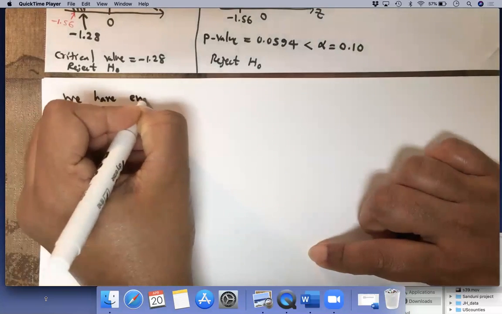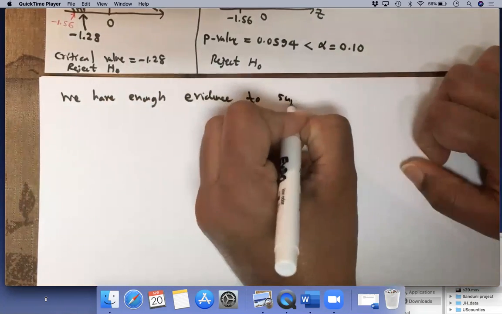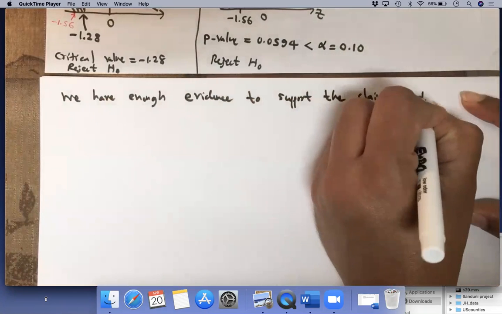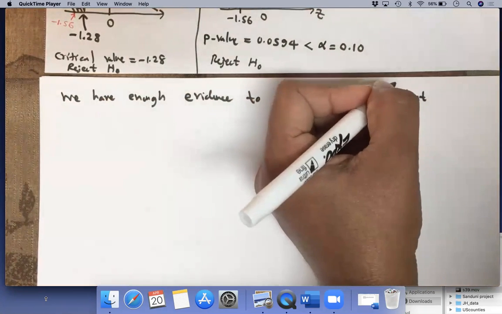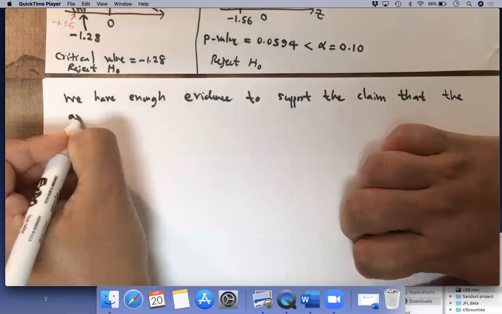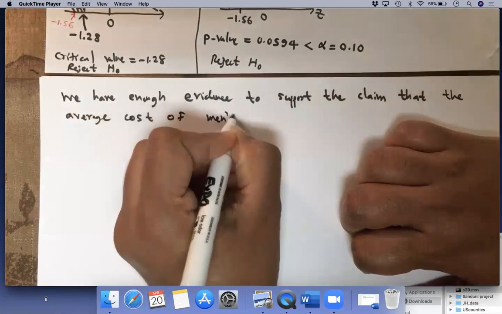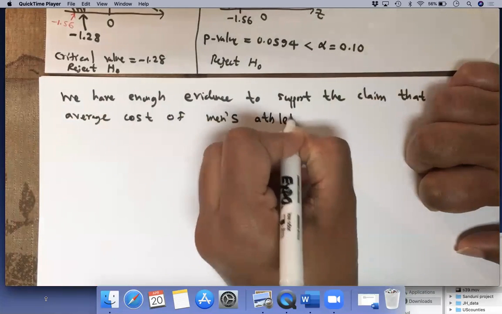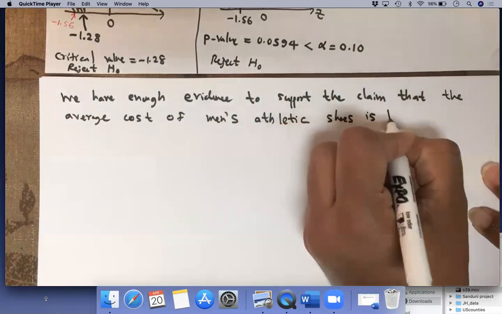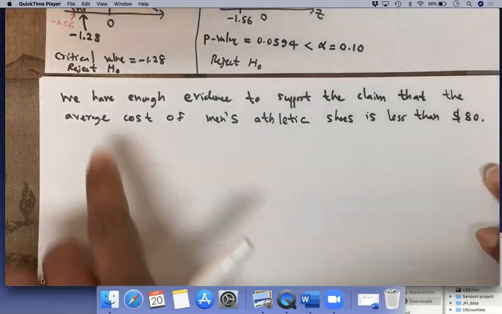We have enough evidence to support the claim that the average cost of men's athletic shoes is less than $80. Okay, so this is the interpretation.